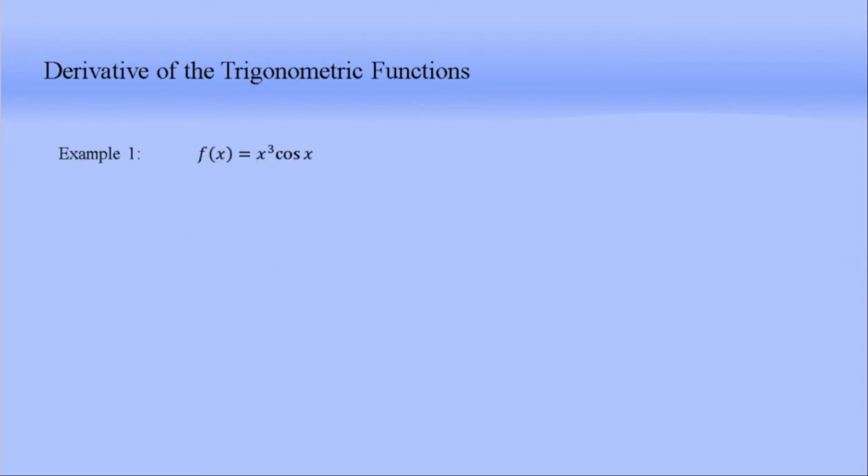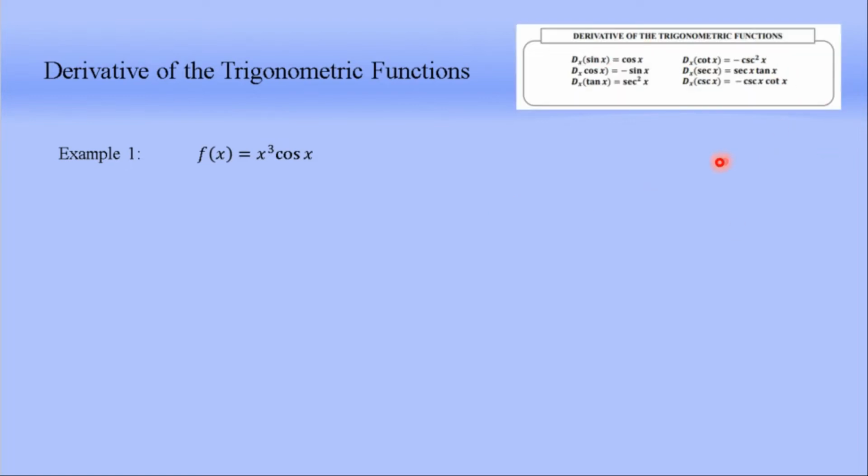Now we're going to solve some examples. Example number 1. f of x is equal to x cubed plus x. Now, what do you think is the rule of differentiation that we can use? It is the product rule.